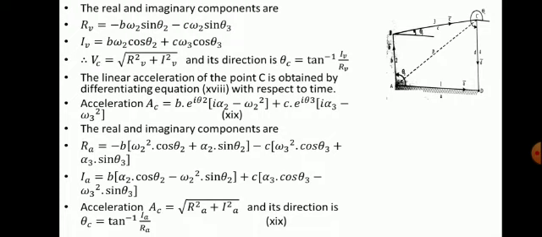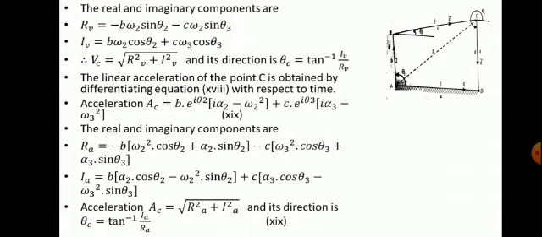By using these equations, we can calculate everything. First, we derived the formulas for omega 3 and omega 4 to find the angular velocities of link 3 and link 4. Then we calculated the angular acceleration of link 3, alpha 3, and of link 4, alpha 4. Then we considered the point C. How to calculate the linear velocity of point C? By joining A to C, we got a component.